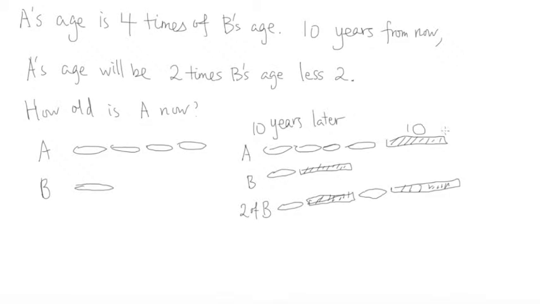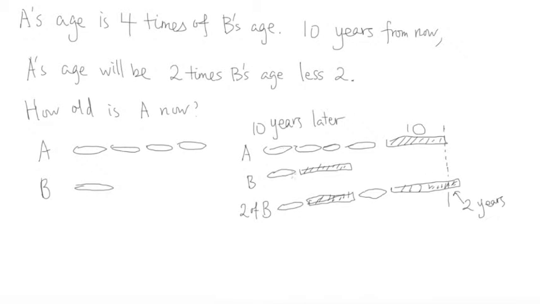But they are not the same. It's not the same as A, because A's age is 2 less. So here you have 2 years that's not covered by A.